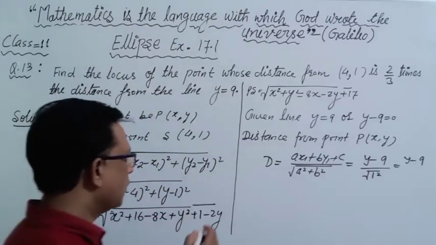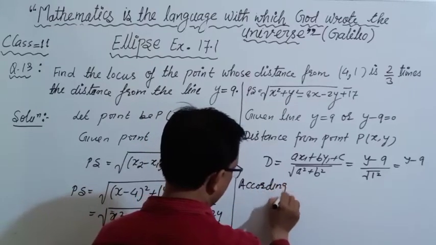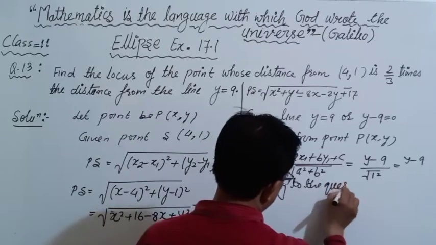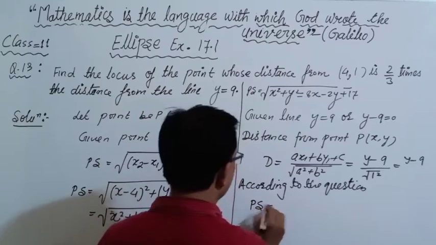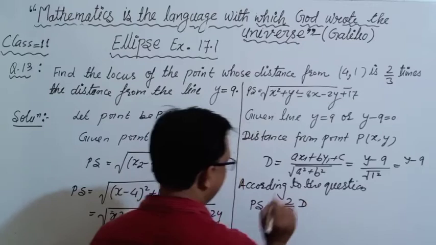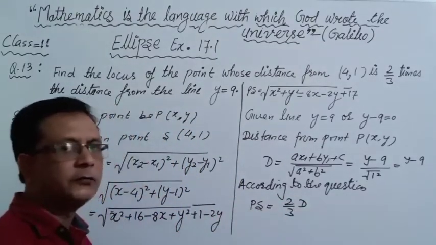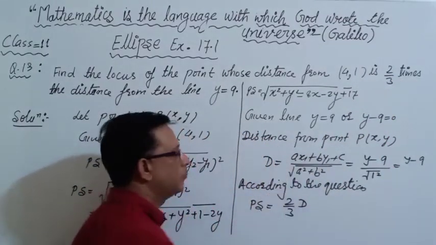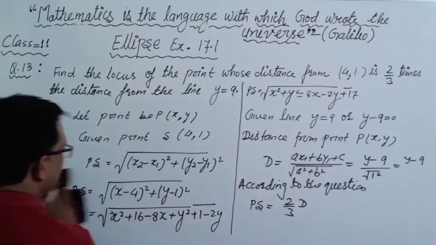So according to the question, PS is equal to 2/3 times D, that is, 2/3 times the distance of the point from the line. Now student, we substitute the values.